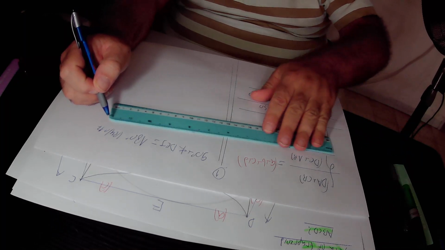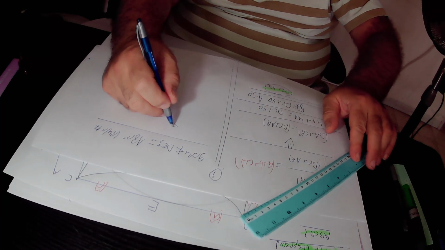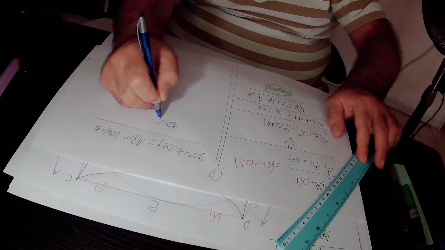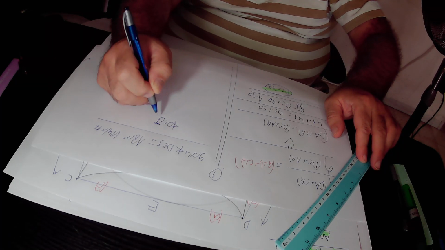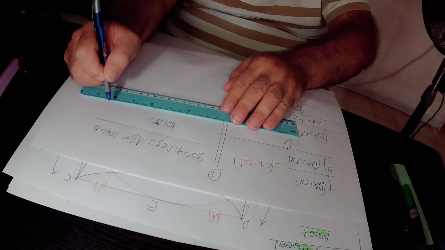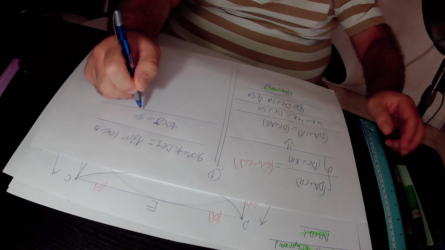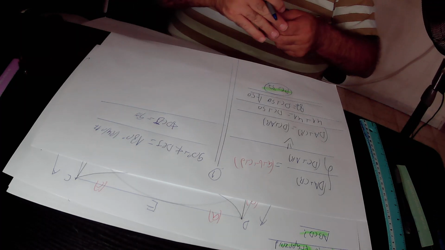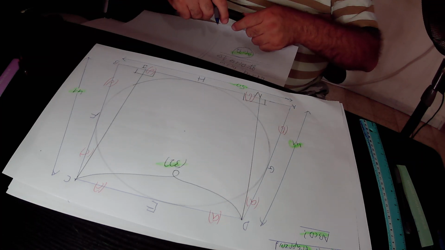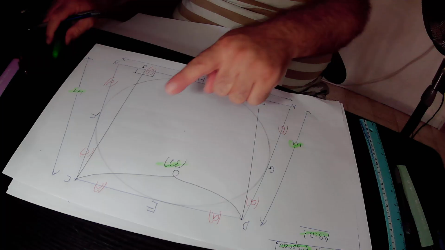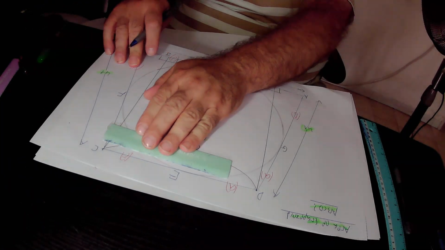Here we subtract 90 degrees from the equation to get the missing angle DCJ, which is 180 degrees minus 90 degrees, which is 90 degrees. This is angle DCJ, equal to 90 degrees according to Rule 17.